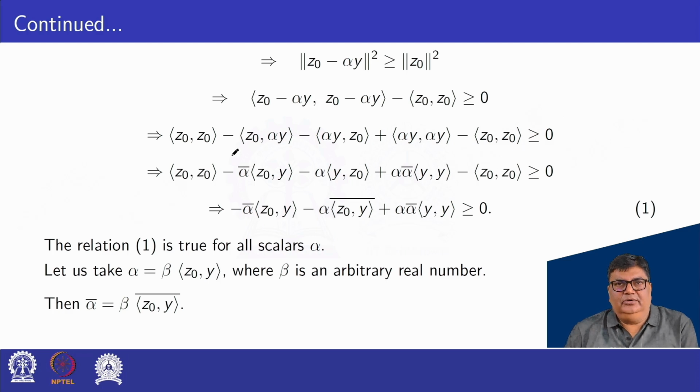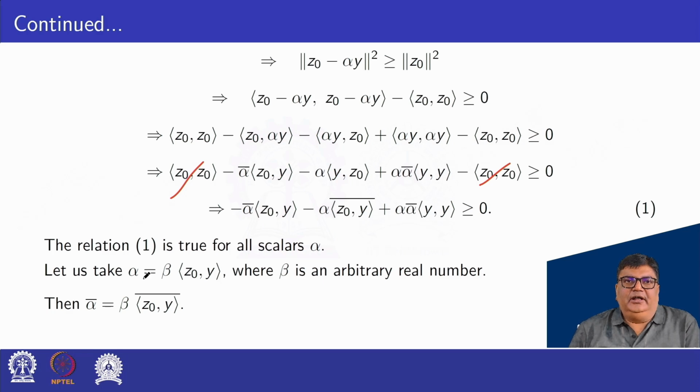So the inner product of z0, z0 is negative and this is positive, so that is cancelled out. Now we have this one greater than or equal to 0. So equation 1 is true for all scalars alpha.